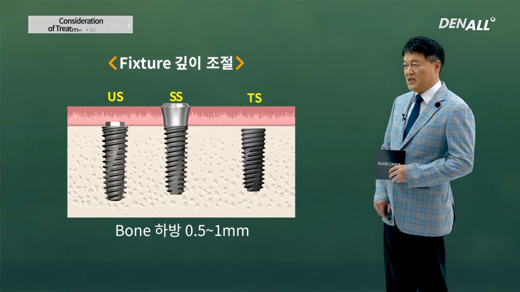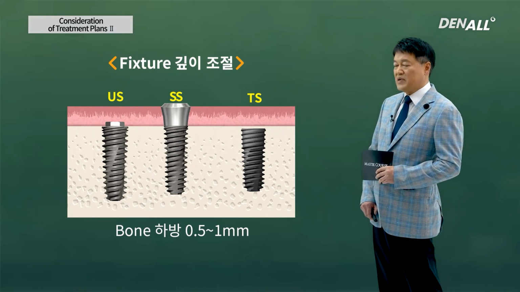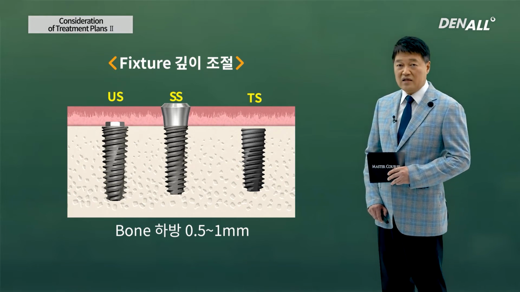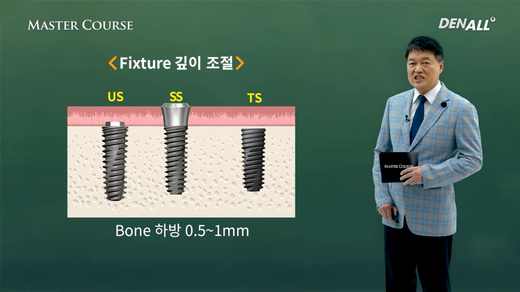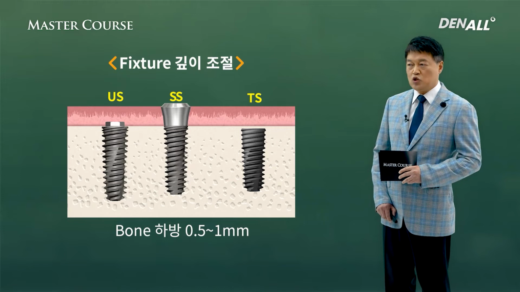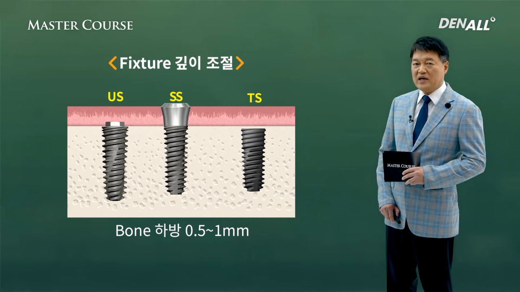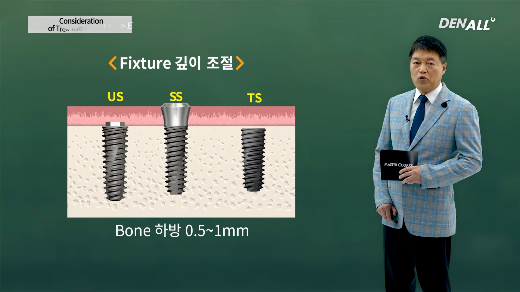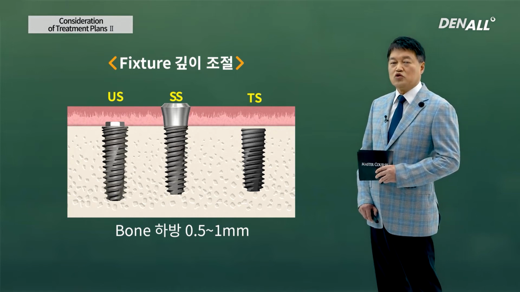So the position, in terms of this, you need to consider the length of the fixture. It may differ from system to system, but the rough surface is ideal for placing within the bone. The rough surface should be placed 0.5 to 1 millimeter inferior from the bone, so that you will be more prepared for possible bone loss in the future.